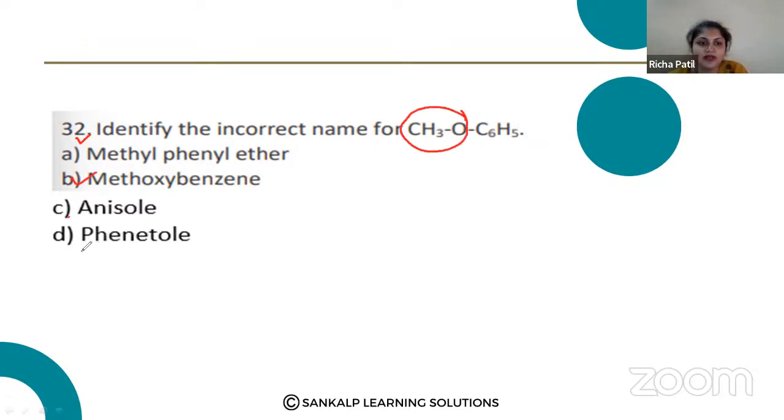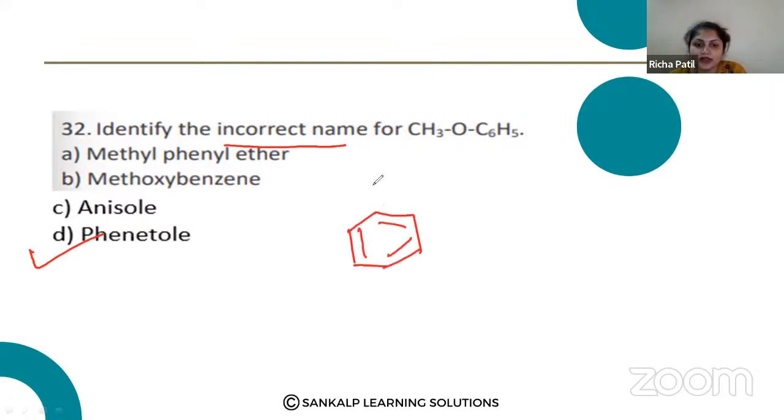Anisole is also a correct name. Phenetol is the incorrect answer. So D is the correct option, the incorrect name for CH3OC6H5. The structure of phenetol is like this.